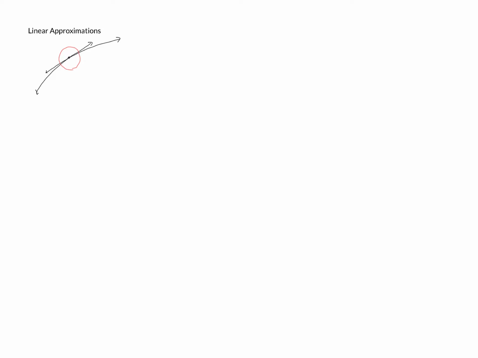So let's suppose we have a function y equals some function of x, and we want to find the tangent line specifically when x equals a. Now, there's a couple of things that we know about that tangent line.